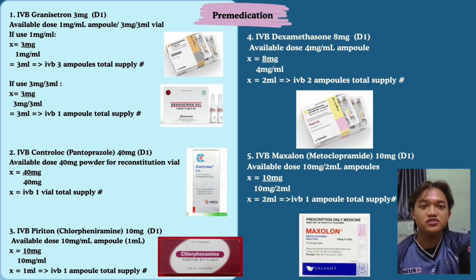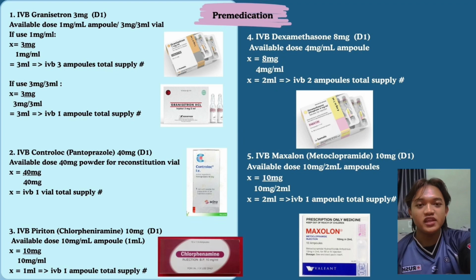Next, IVB controlog pantoprazole 40 mg for day 1. Available dose is 40 mg powder for reconstitution vial. X equals 40 mg divided by 40 mg. X equals IVB 1 vial total supply. After that, IVB Piriton, chlorpheniramine 10 mg for day 1.